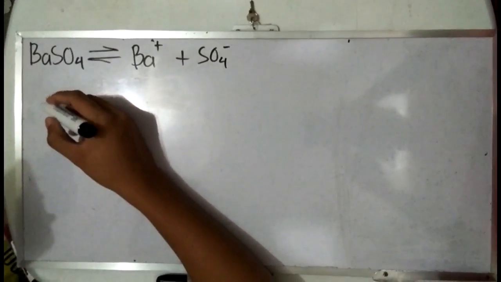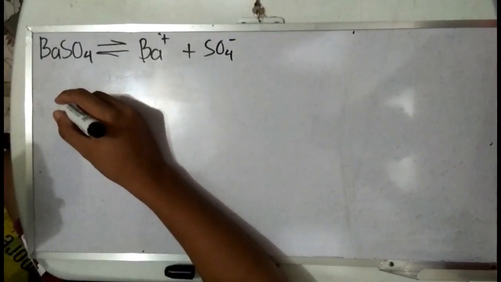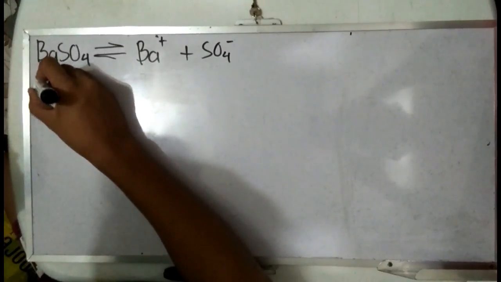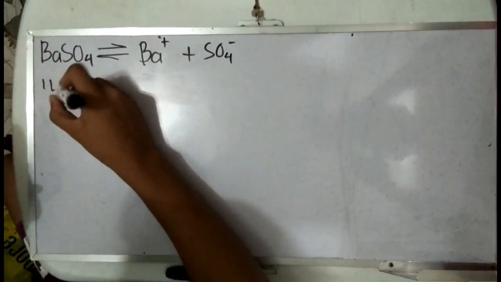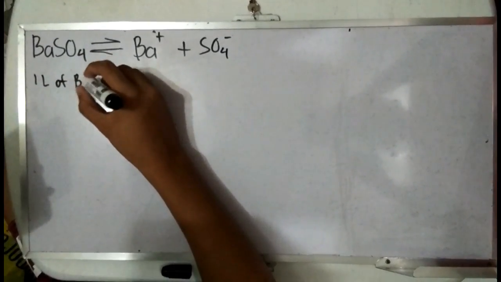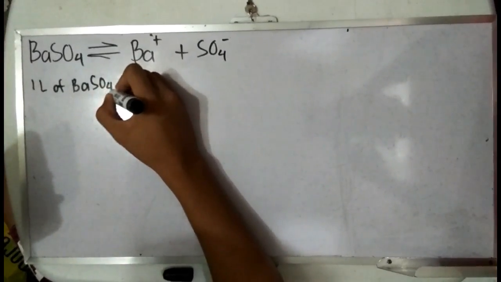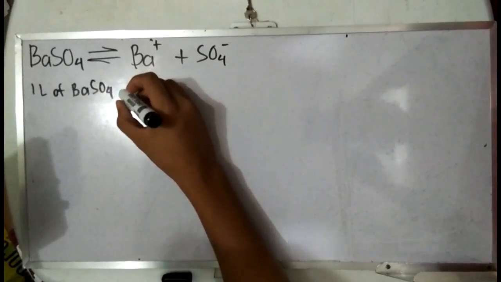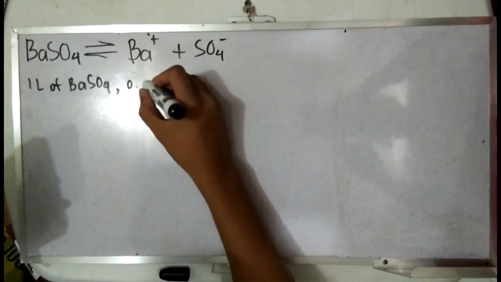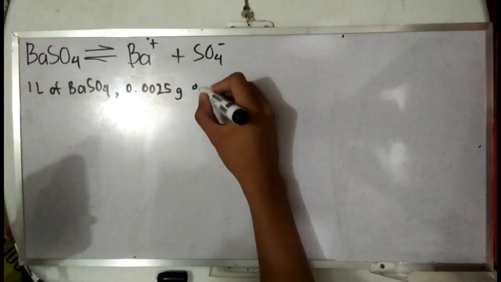To understand KSP, let's take a look at one example. We are given 1 liter of saturated barium sulfate solution, which contains 0.0025 gram of dissolved barium sulfate.